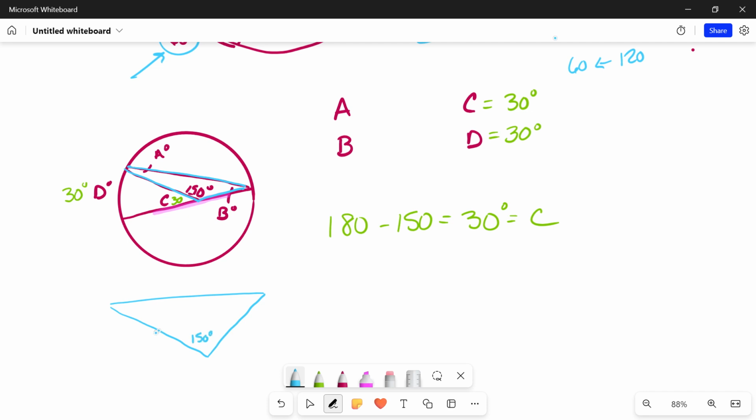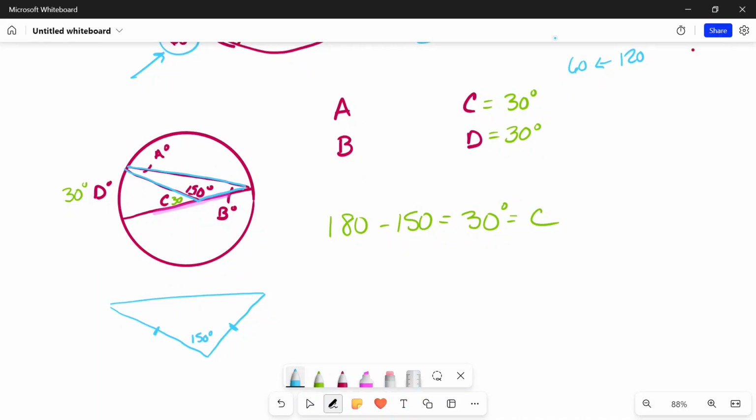I also know that this side right here is equal to this side right here. And seeing as those two sides are equal, these two angles are equal. I know that the whole triangle has to equal 180. I've used up 150, so I'm left with 30 degrees. I'm going to divide that 30 degrees by 2, and each of those other angles is 15 degrees. All right, great.